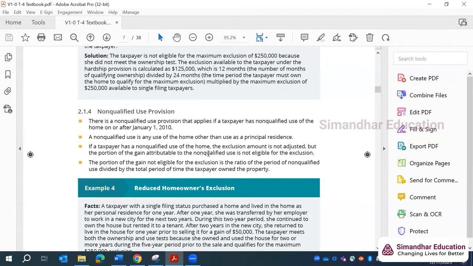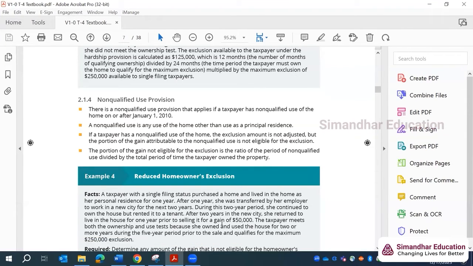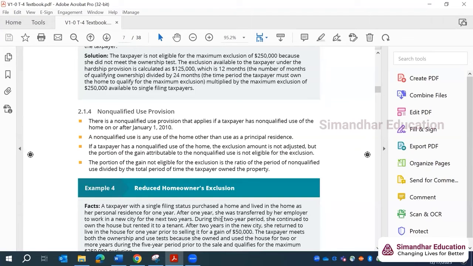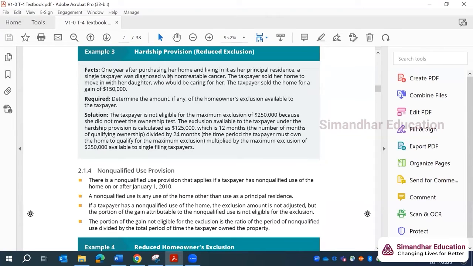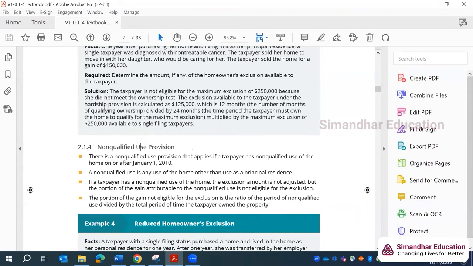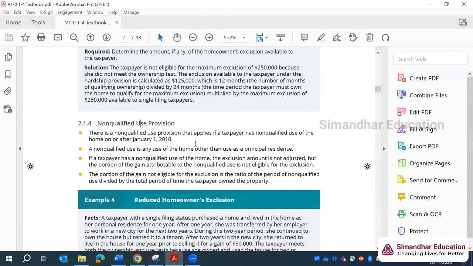Here you are looking at the gain and prorating the gain. Here you are prorating the exclusion amount itself. So there is a possibility that the gain that you have may not be taxable at all under the hardship provision. And under the non-qualified use provision, you will always have a certain portion of gain which will be taxable.